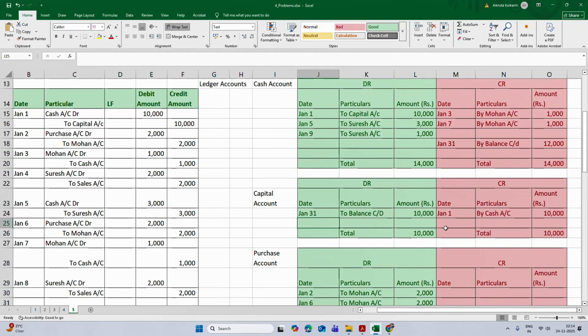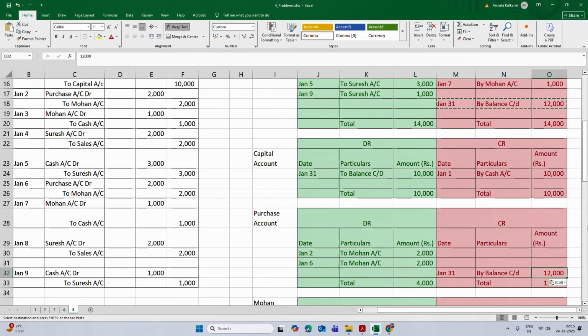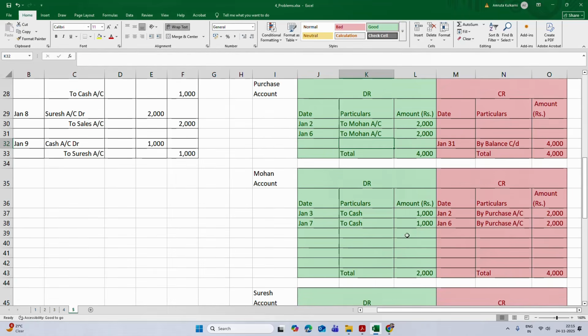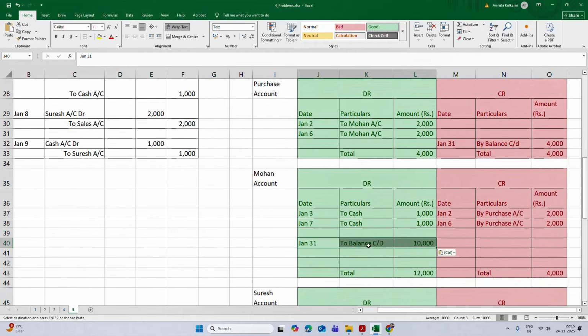So our capital account will also be balanced. Then in our purchase account by balance it should be 4,000. Now in case of Mohan account by January 31 it should be 2000, so that it would be 4000 in debit and credit side.